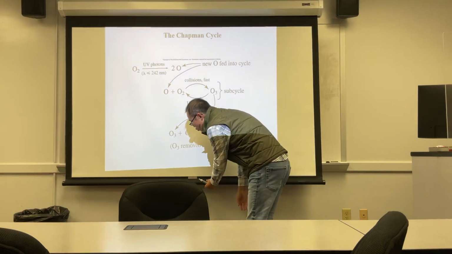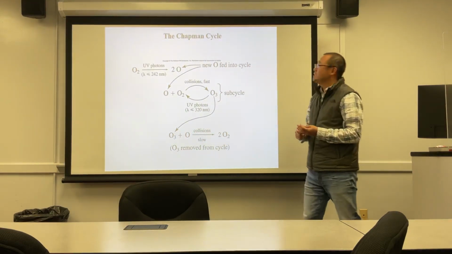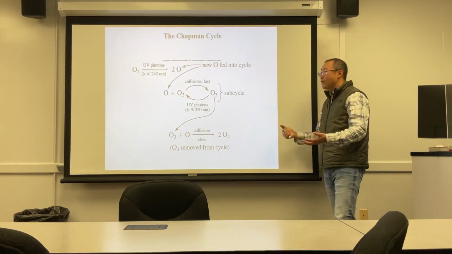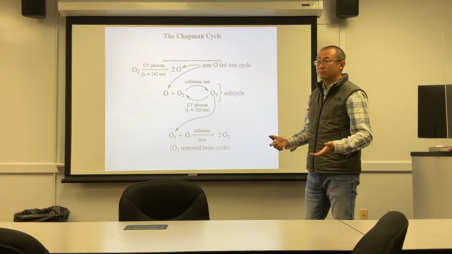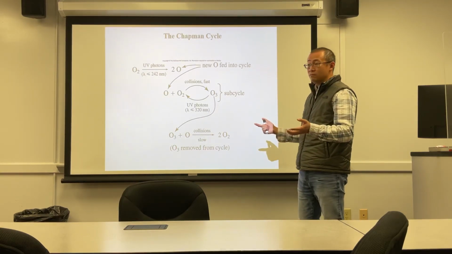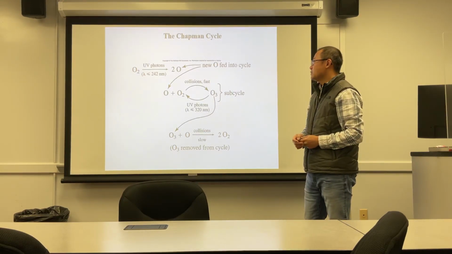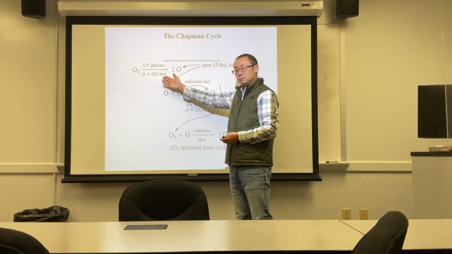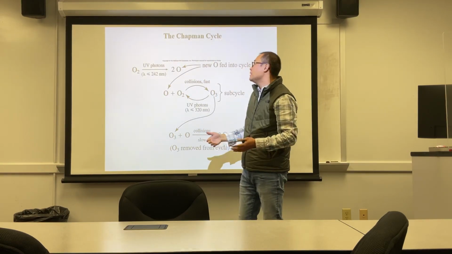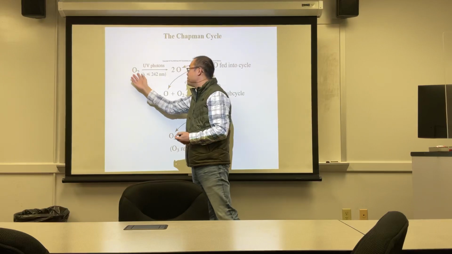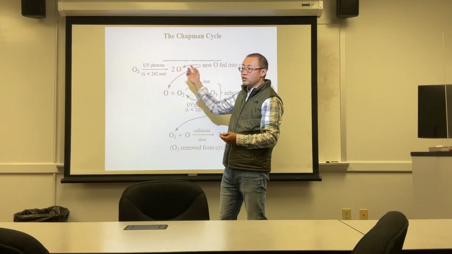Okay, so then we talk about this Chapman cycle, showing us where the ozone came from, and also how ozone shields UV radiation. This Chapman cycle shows that in the stratosphere, even though the air is very thin, we do have oxygen molecules which are broken down into oxygen atoms.